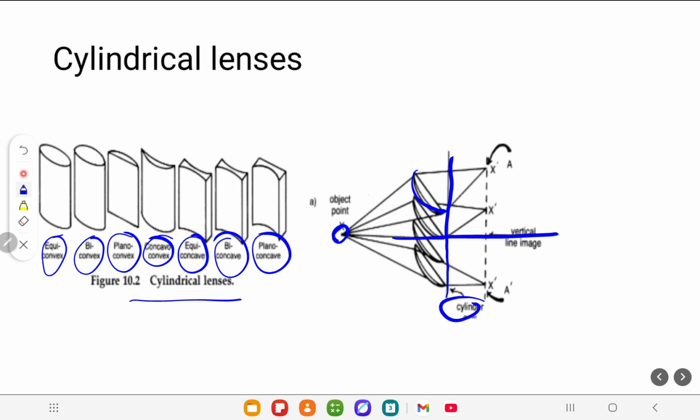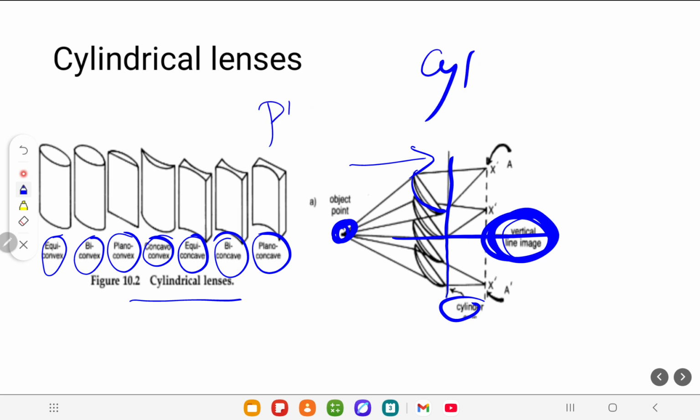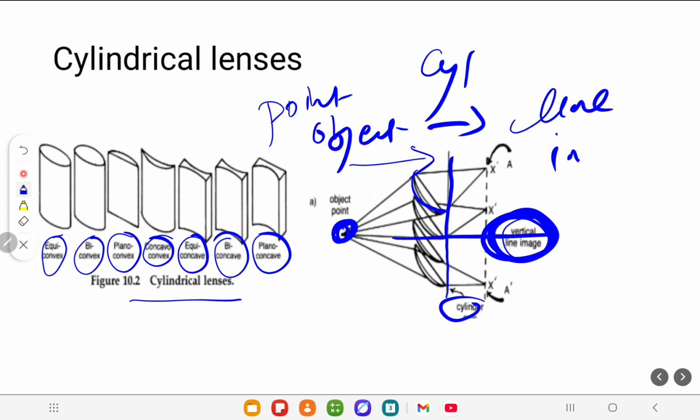When a point object passes through the cylinder, it forms a vertical line image. What I've already told you, in the case of a cylinder lens, a point object forms a line image. It's centrally important to understand.